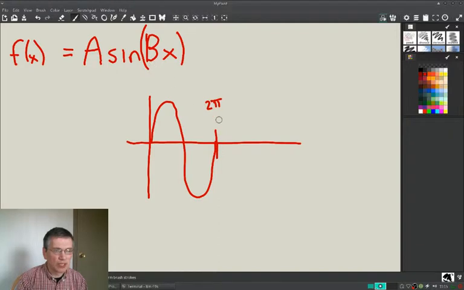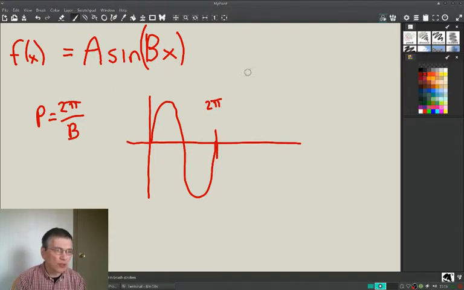But if B gets bigger, this gets squished down and the period gets smaller. If you make B 2, this is going to get to 2 pi when x gets to pi, so that cuts it in half. So if we're determining the period, if I was using P for period, it's 2 pi over B. So if we ever asked for the period, it's 2 pi over whatever this is.